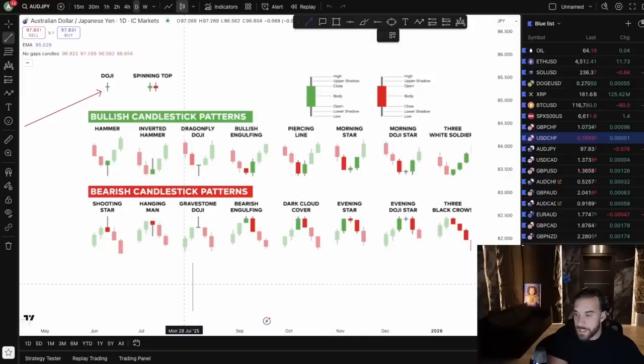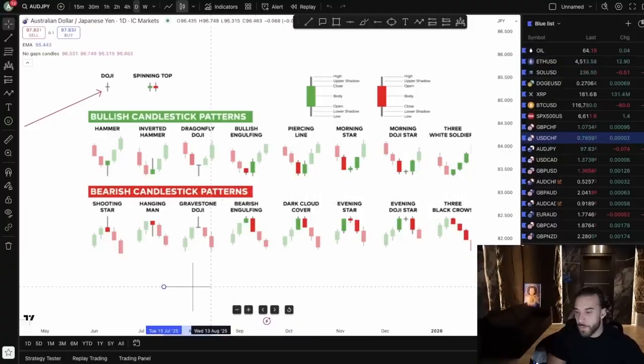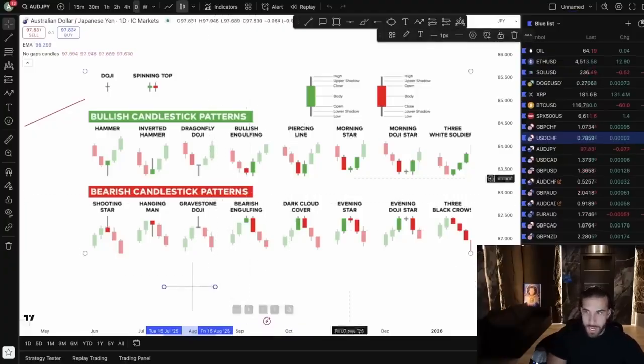What matters is that there is no body in this candlestick. As you can tell in this example, there's a green body and then there's a red body, which leads you to understand that it closed a little bit more in one direction versus the other. Even if it's something as small as that, if there's a little bit more red, there are stronger sellers, or if it closes green, there are more buyers.